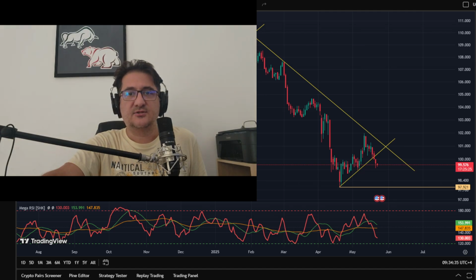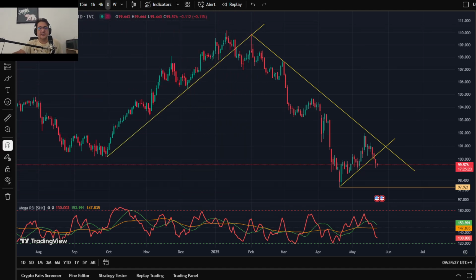This is the chart. A trend breakout happens when the price breaks through a key level of support or resistance, signaling a potential shift in the market.